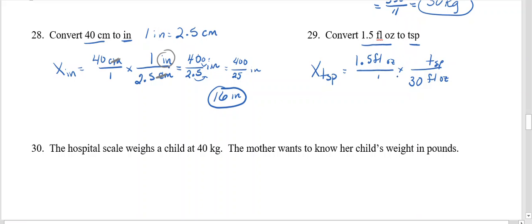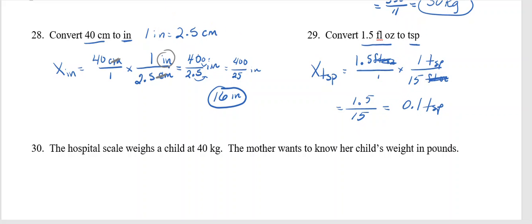I did that again. Stuck on 30 here. 1 teaspoon is 15 fluid ounces. So my fluid ounces cancel. So I have 1.5 over 15, which gives me 0.1 teaspoons, if I did that right.